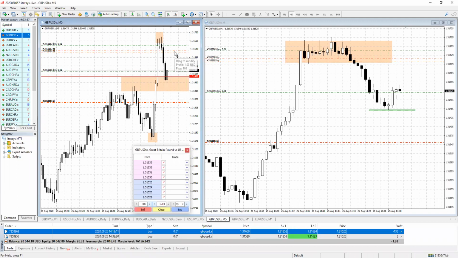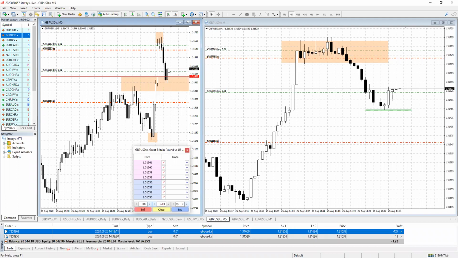But we need to wait. If the 5 minute chart fails to close there and forms a wick to the down, I might go out of all the trade, because there's a lot of selling pressure. So I really want to see some buyers coming in.